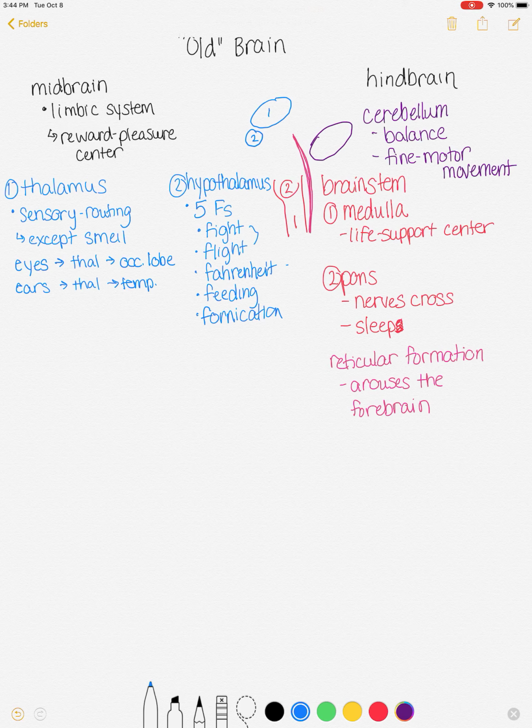Okay, number 3 is going to kind of loop around like a horseshoe. And this is the hippocampus. And this has to do with short-term memory.